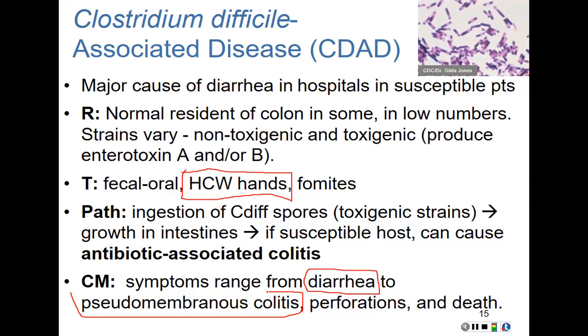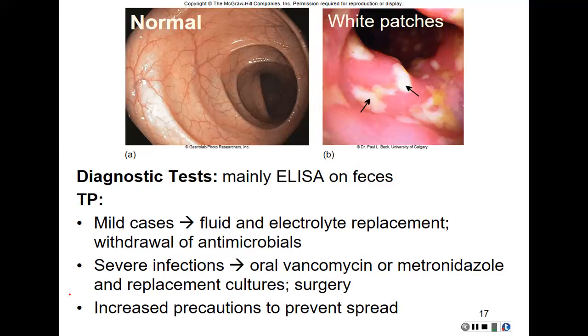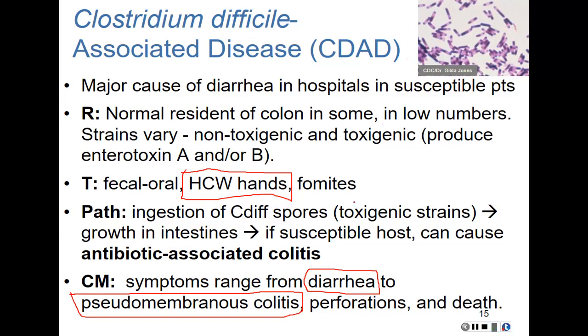When you think of pseudomembranous colitis, you want to think of this. This is a normal colon. And if these white patches develop, that's what we call pseudomembranous colitis. And it can be very painful. And if you have pseudomembranous colitis that's getting really bad, it could lead to perforations of the bowel.